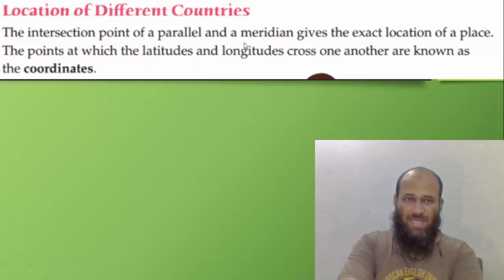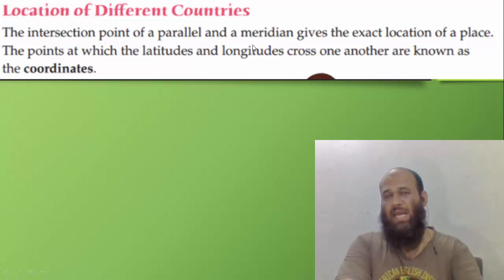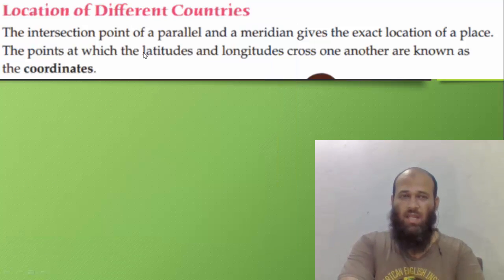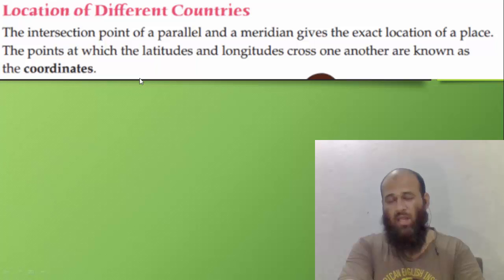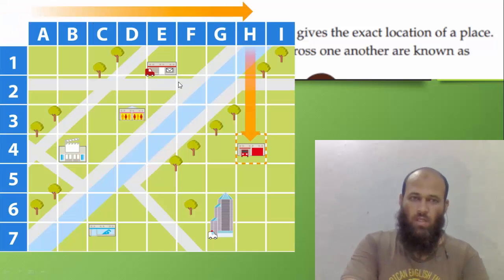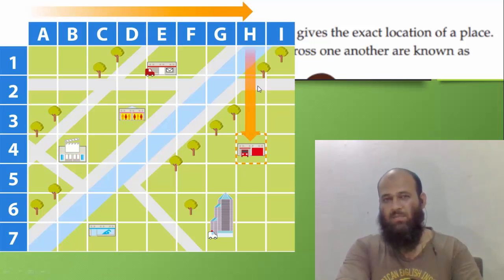The intersection point of a parallel and a meridian gives the exact location of a place. Like you have grids, like you have crossing points. The points at which the latitudes and longitudes cross one another are known as the coordinates.